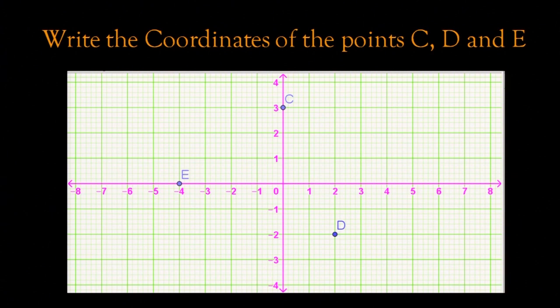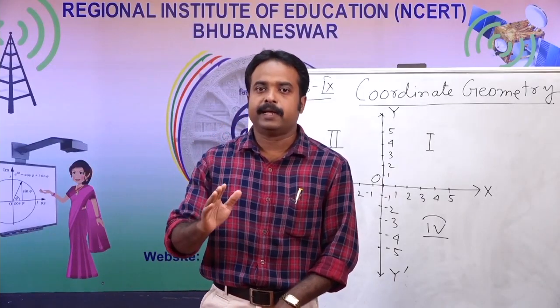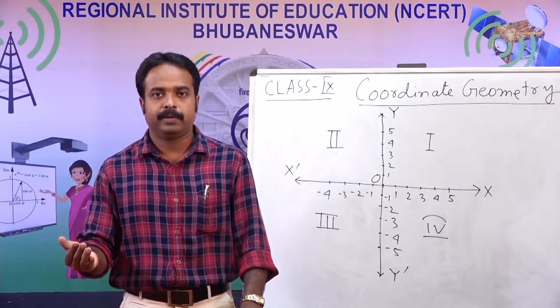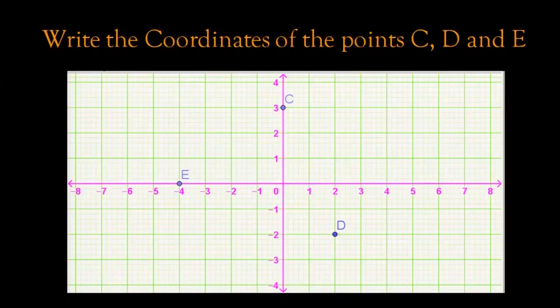So now it is very clear that for any point lying on the y-axis, its x coordinate will be 0. And at the same time, if a point is lying on the x-axis, then its distance from the x-axis is 0. Therefore the y coordinate of any point lying on the x-axis is 0.